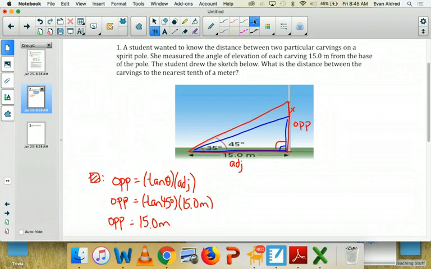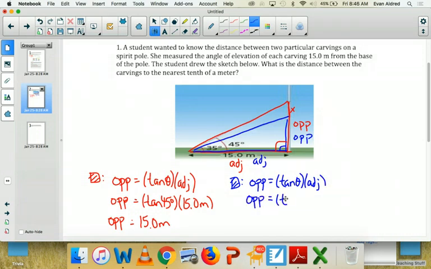So that's good. Now let's take a look at the blue triangle. Well, the blue triangle still has an adjacent base, so the 15 meters is adjacent, and we still want the opposite. We're doing the same thing. The only thing that's going to change is our value of theta in this question. So opposite is equal to tan of theta multiplied by adjacent, where theta is now 35 degrees.